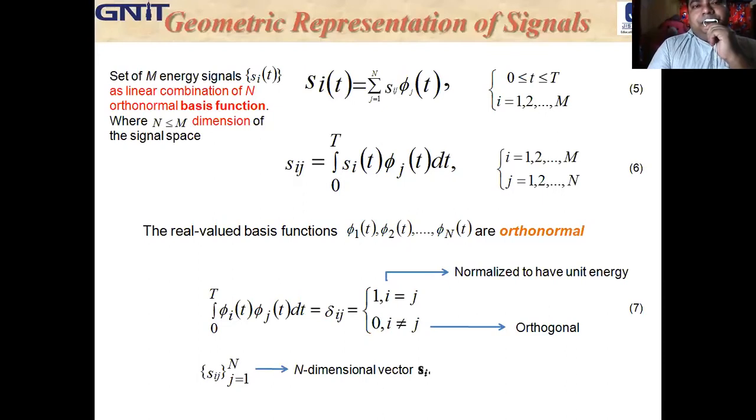We have determined geometric representation of the signals.